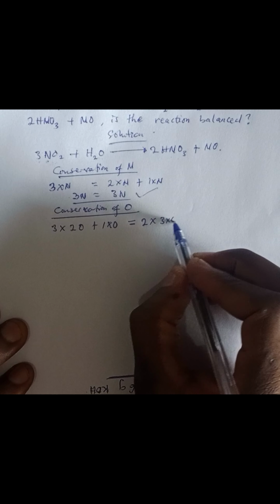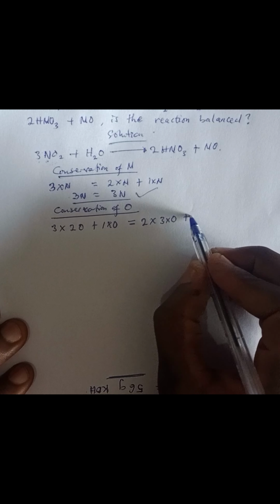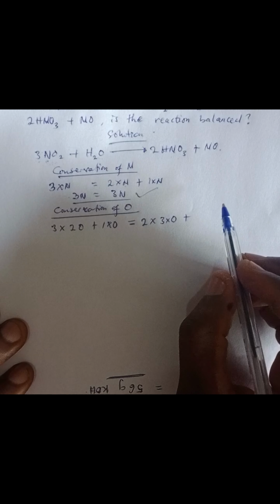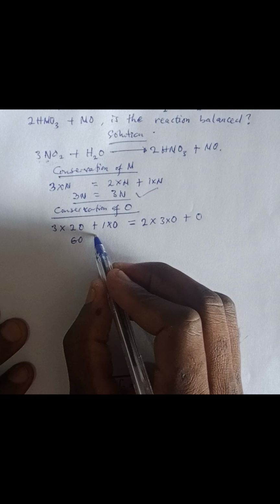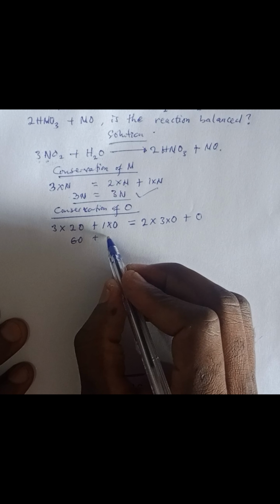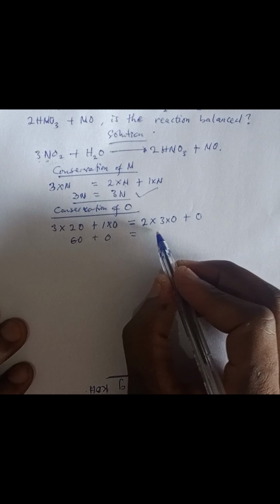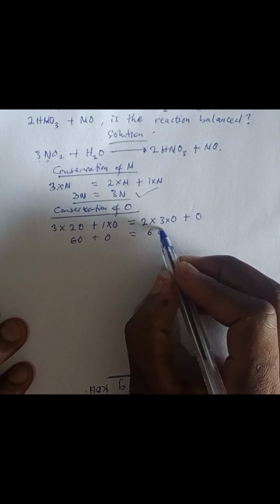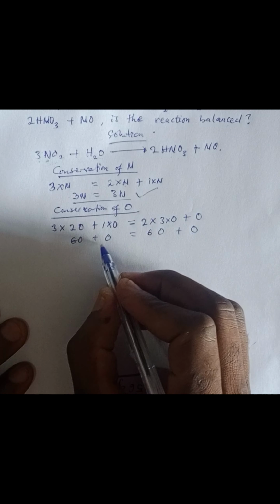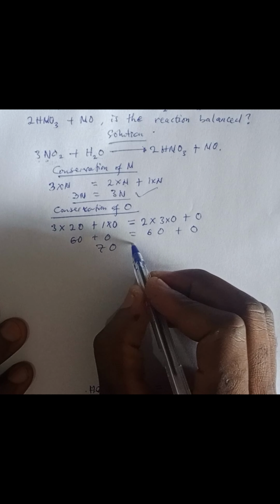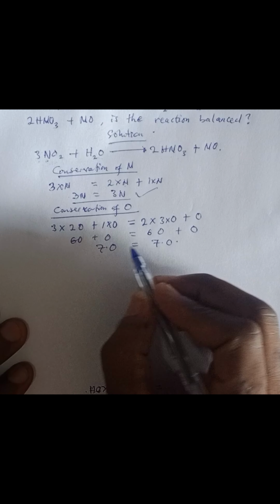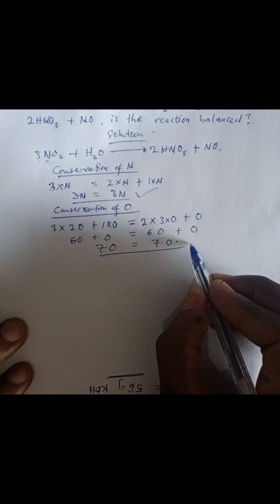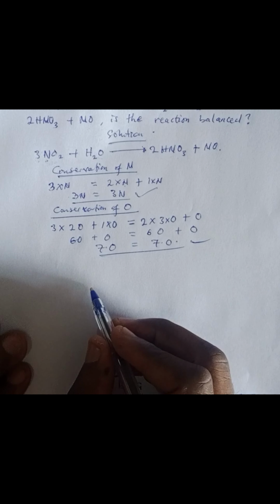So 2 multiplied by 3O plus, here we have just 1 atom of oxygen. So this will be 6 oxygen plus 1 oxygen, equal to 6 oxygen again plus 1 oxygen. This will be 7 oxygen equals 7 oxygen. So that means the oxygen is conserved as well.